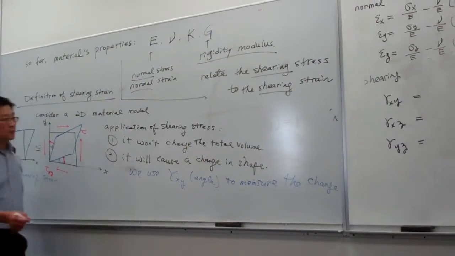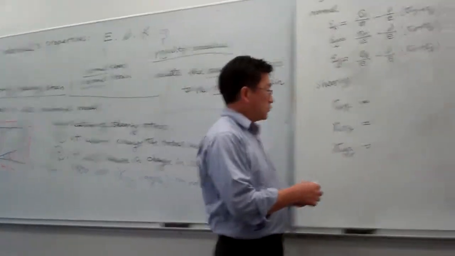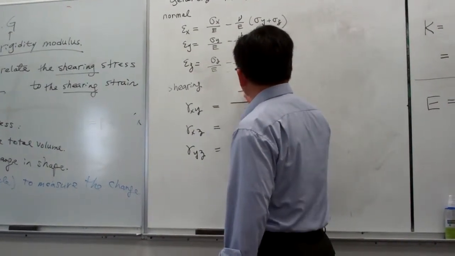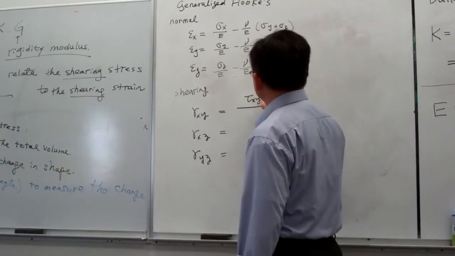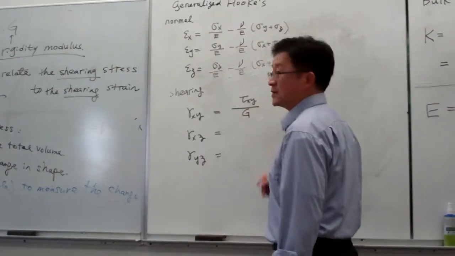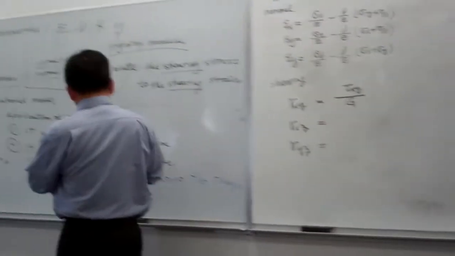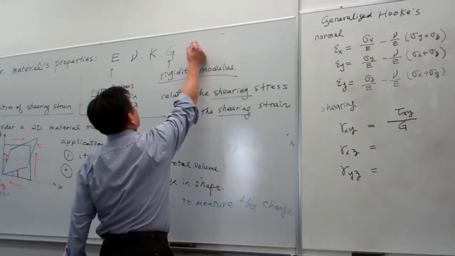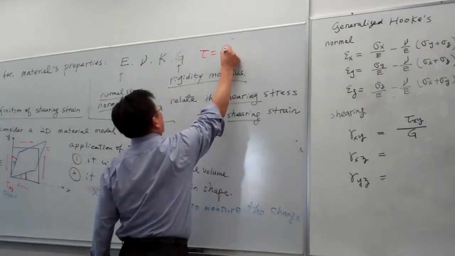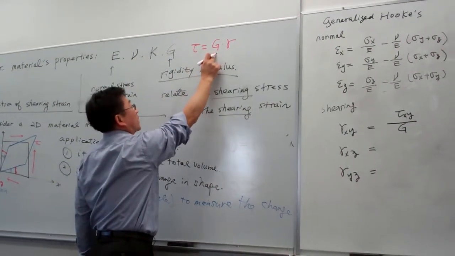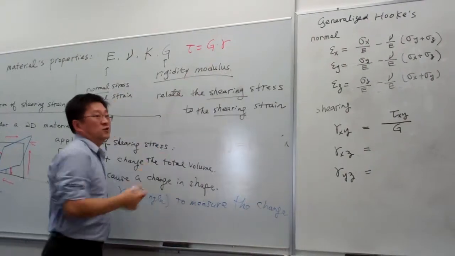For this case, this will be equal to the magnitude of the shear stress divided by G. That's it. So what is G? Basically, for simplicity, tau equals G times gamma. For general shear stress, it equals G times the corresponding shear strain.